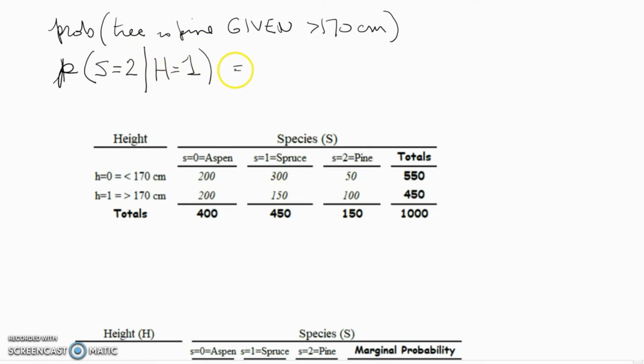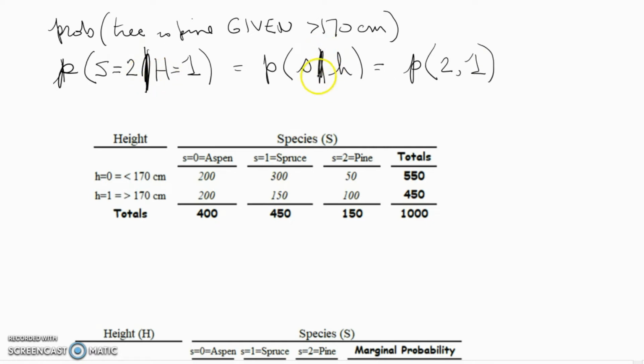So again, we're just doing notation. What's important in this idea of conditional probability is this vertical line, because this vertical line means "given."